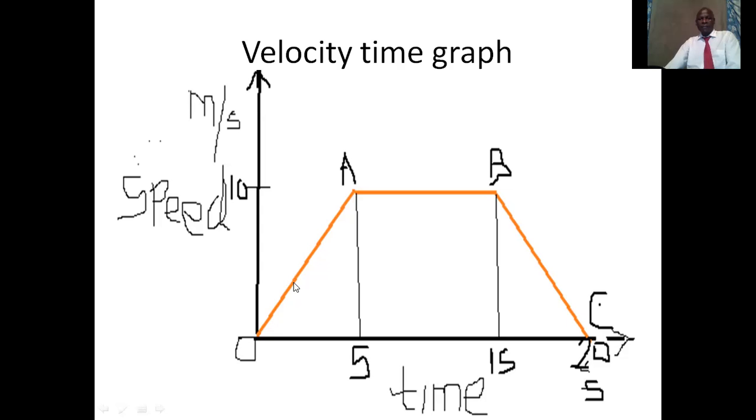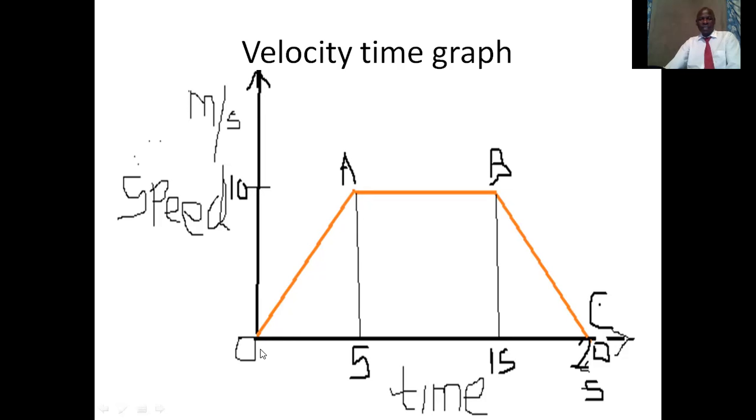So if we have a straight line from 0 here to A, it means that we are starting from 0 on the y-axis, and we are ending up to 10 meters per second.